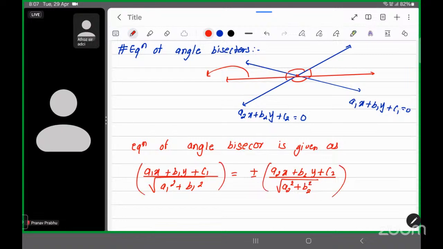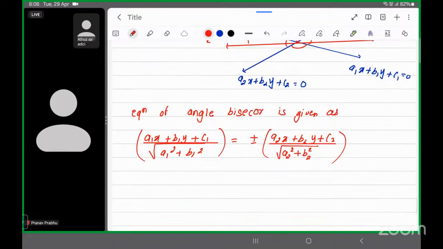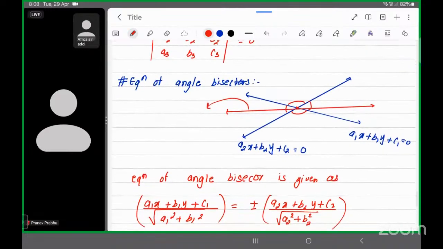These are the conditions. This is the equation of a line which bisects the angle between the two lines.